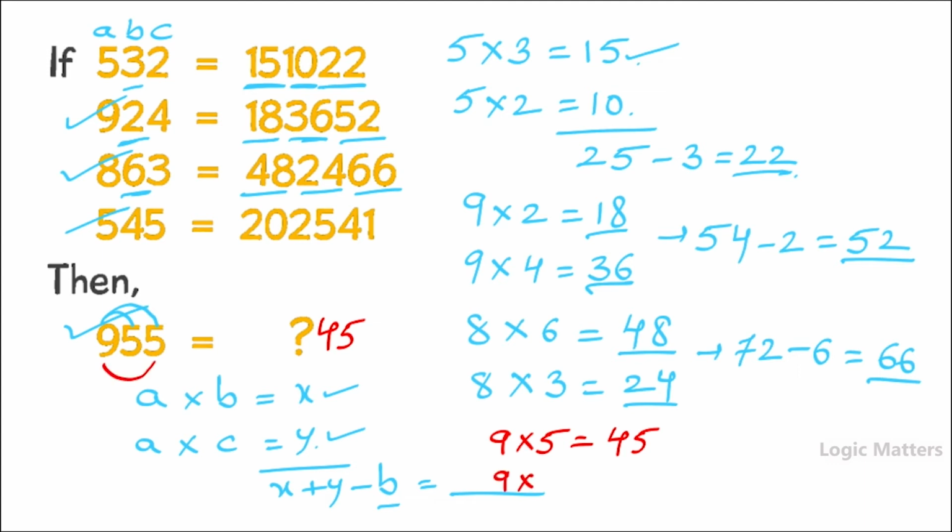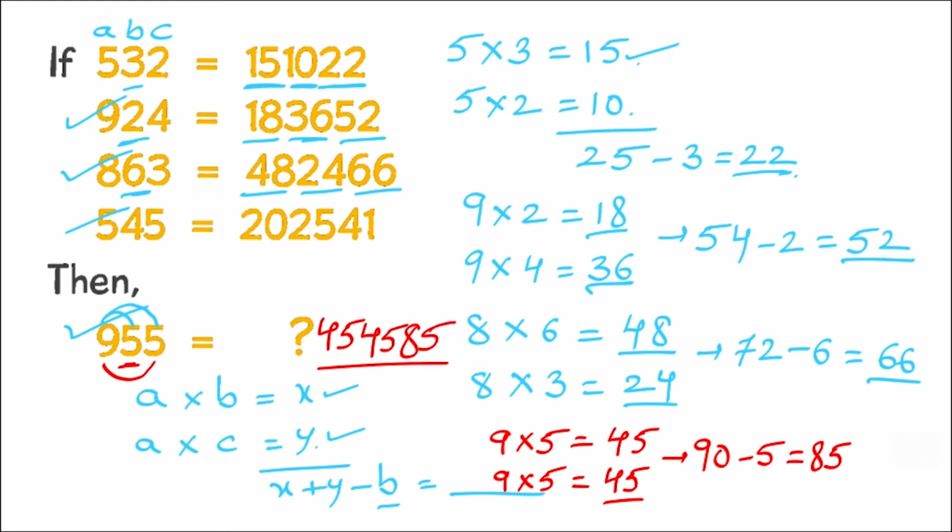So 9 into 5 is equal to 45. So 45 plus 45 gives an answer of 90, right? So 90 minus 5. So 90 minus 5 is equal to how much? It's 85. So the other number is 45 and 85. So the answer is this.